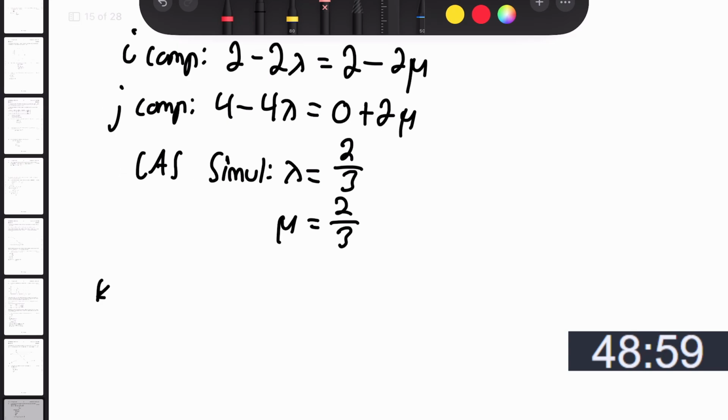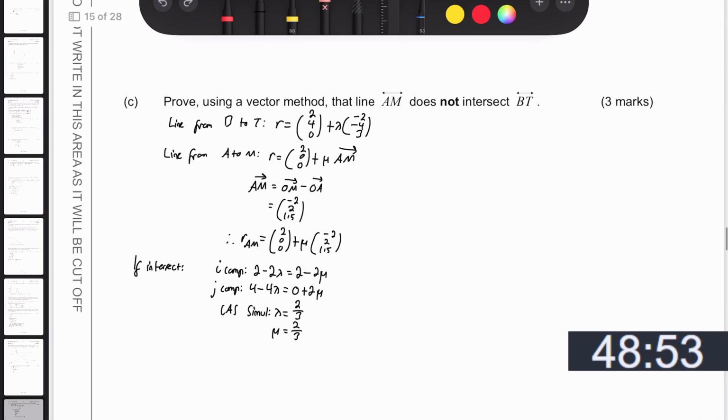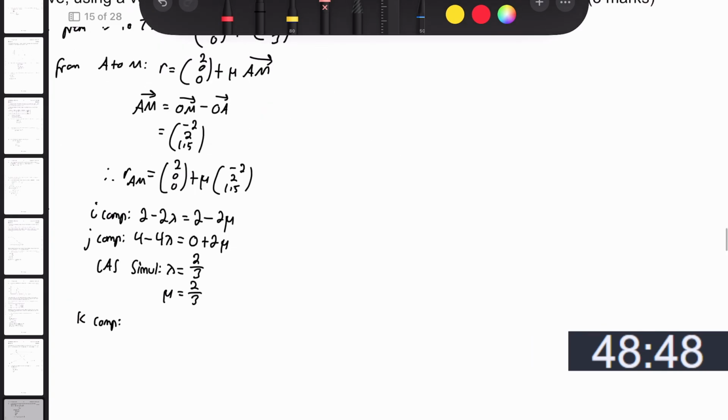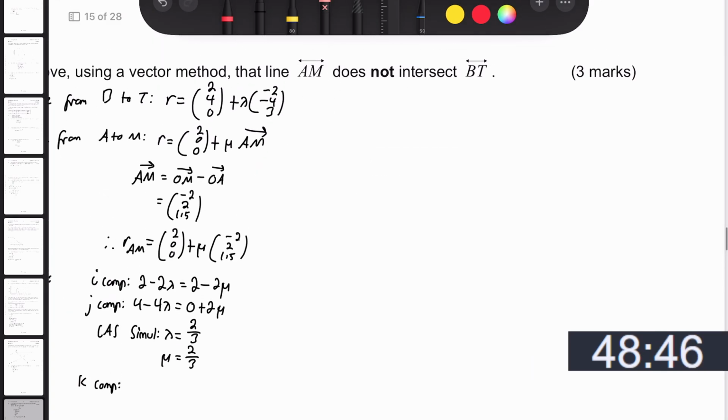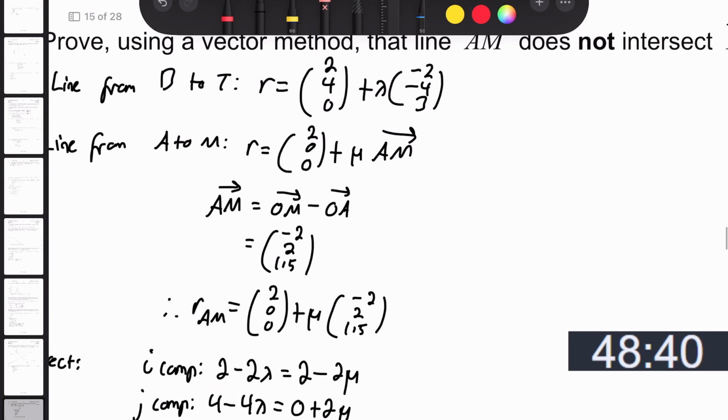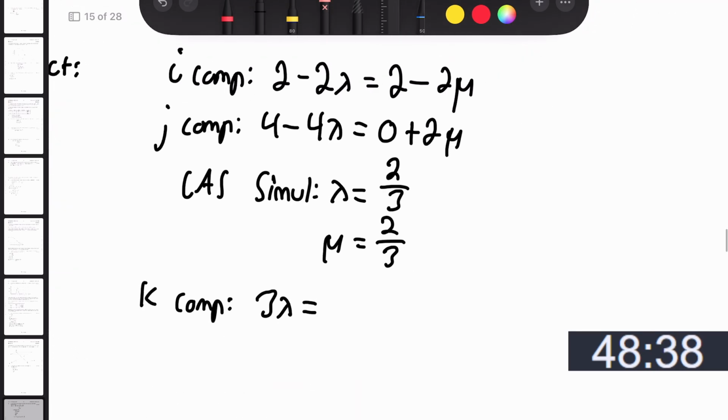Then k component, or z component, wait, k component, 3 lambda equals 1.5 mu.